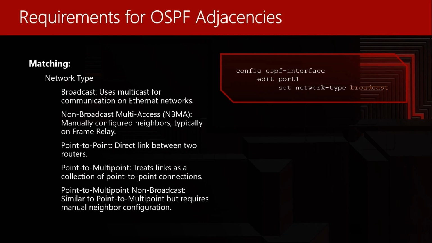We mentioned before the area type, if it is going to be the backbone, if it is going to be a stub area, that will control what messages we're going to exchange for OSPF. For the network type that also needs to match are the ones that we mentioned earlier, like the broadcast, where a designated router is needed, or maybe the point-to-point, or the point-to-multipoint, where multicast is not supported, for example.